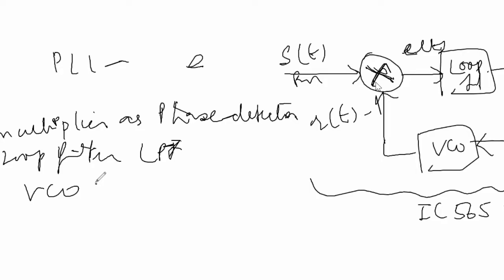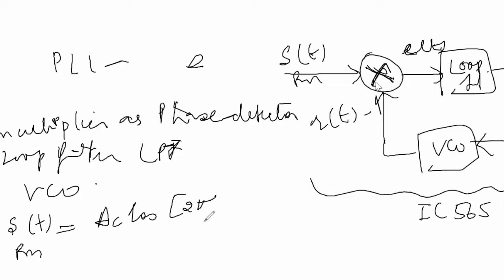So now the concept here is that we know the FM equation is equal to Ac into cos of 2 pi fc t plus 2 pi kf integration 0 to t m(t) dt. This is the equation of FM.